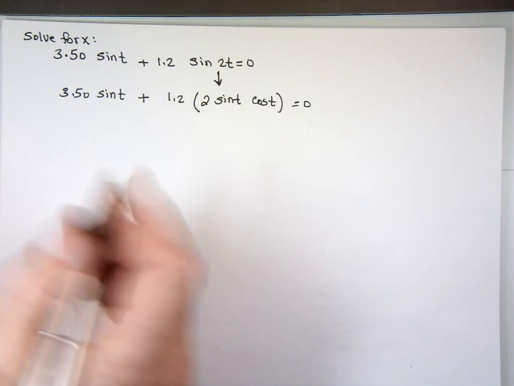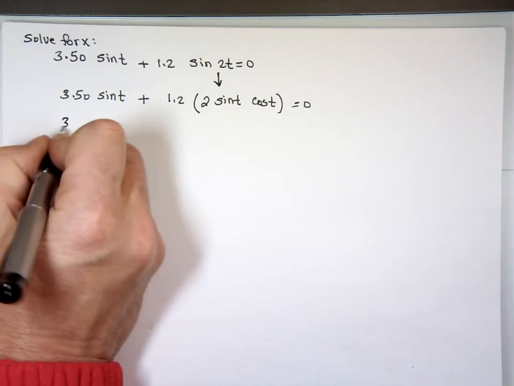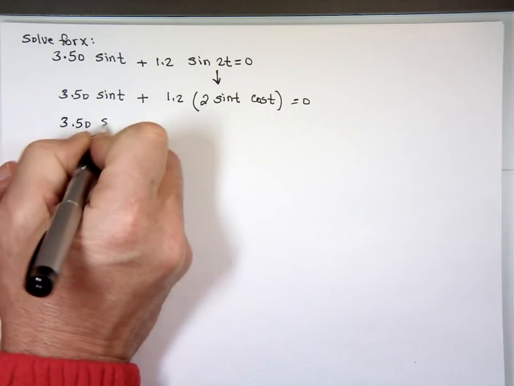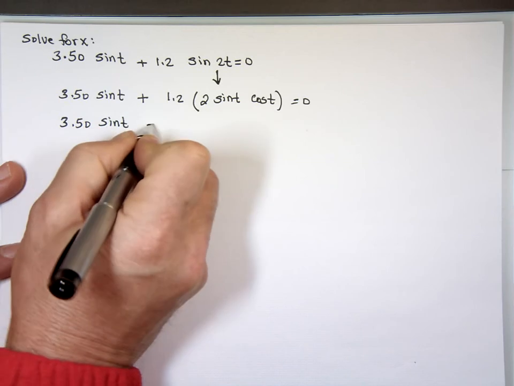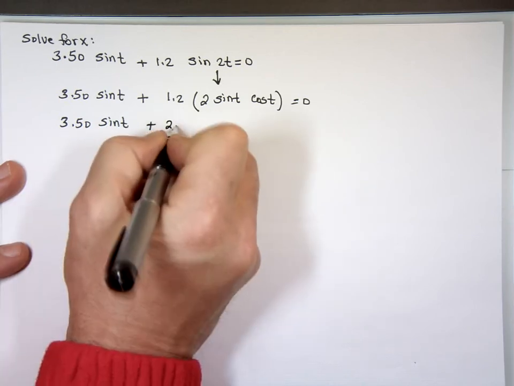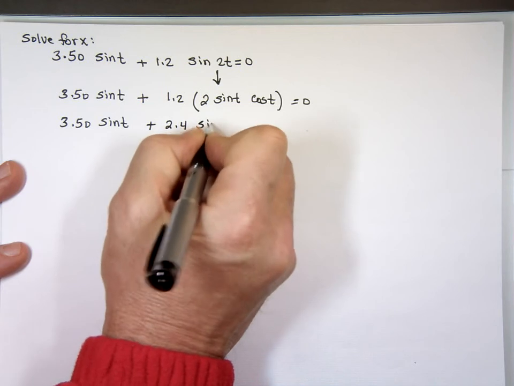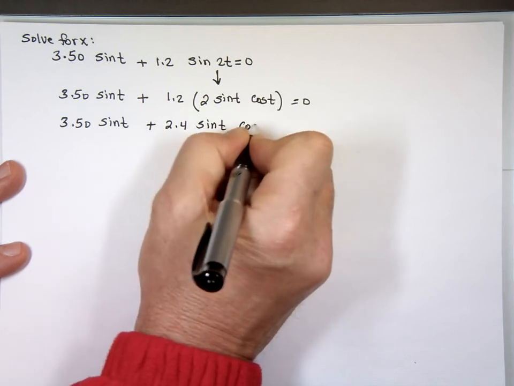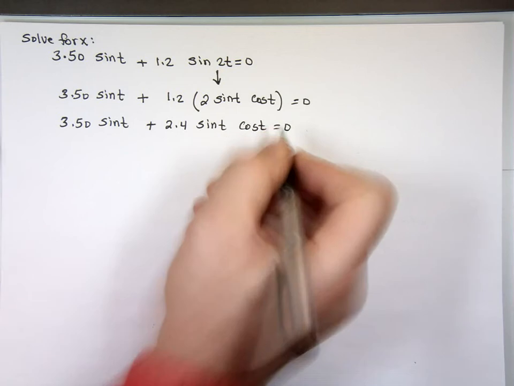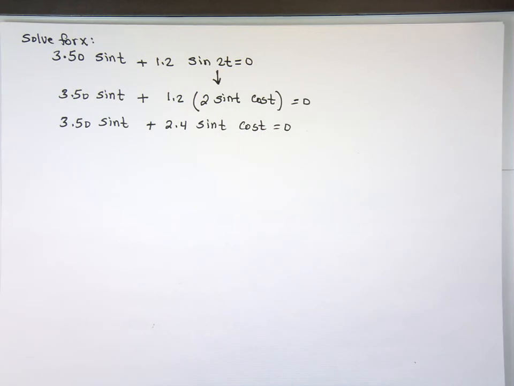So 3.50 sine t plus 2.4 sine t cosine t. And there's no way on earth I can change cosine to sine. I kept telling you, ideally you want to have one trig function, but I can't get rid of that one. So how would I solve this?